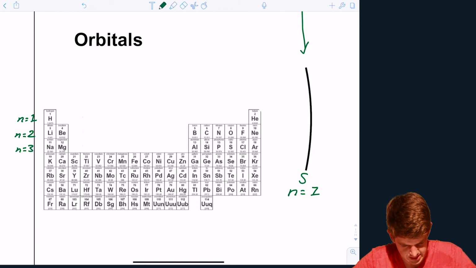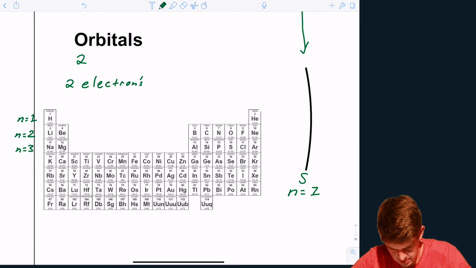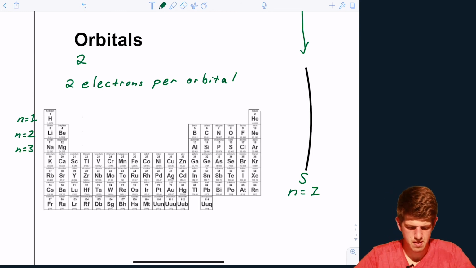So what's the answer? It's 2. There are going to be 2 electrons per orbital.